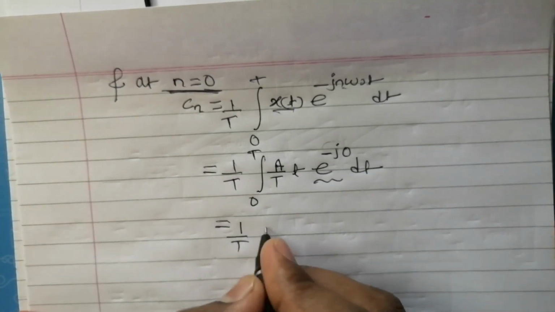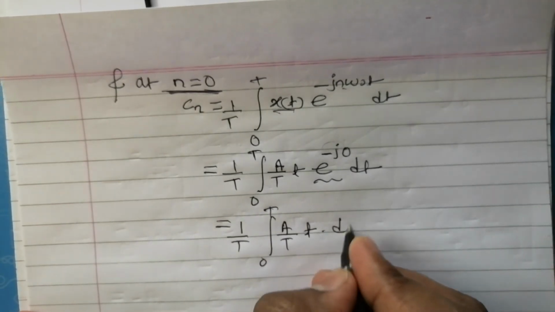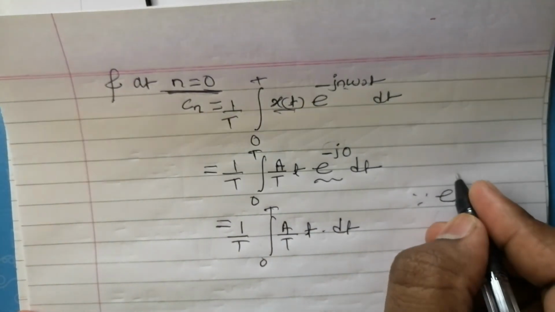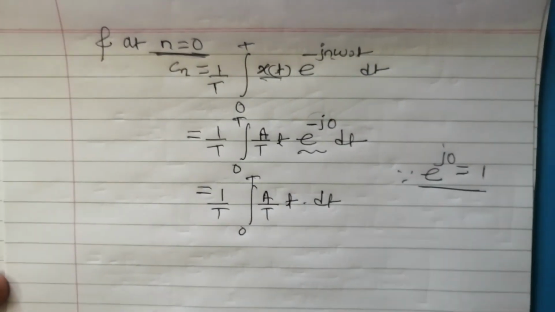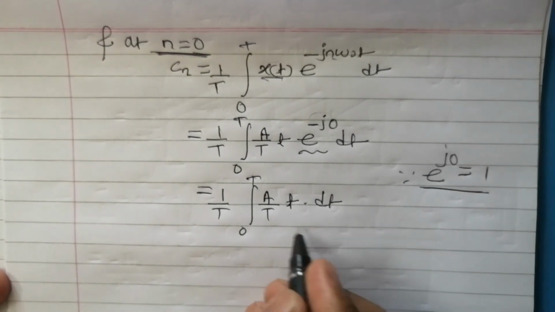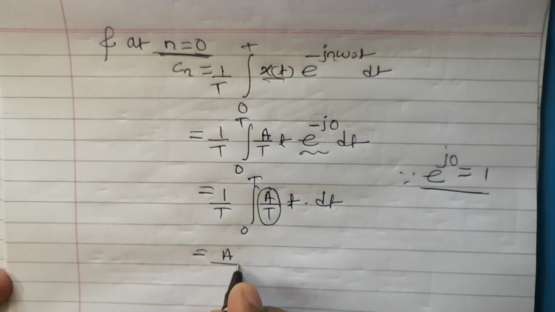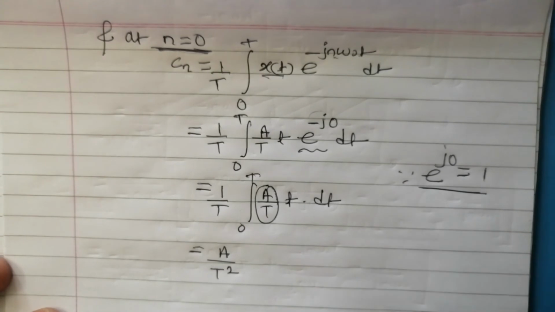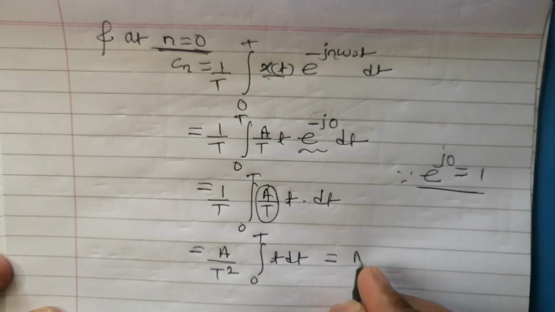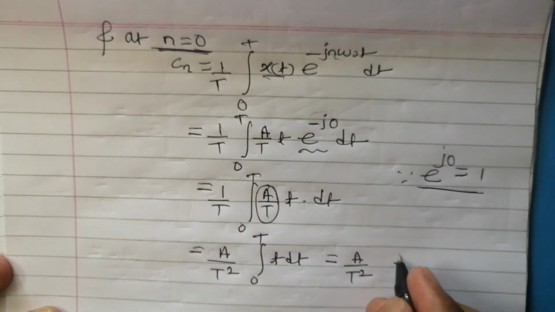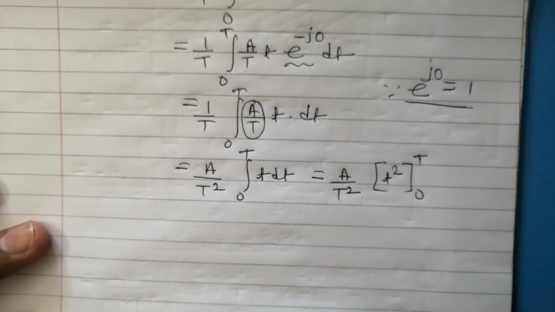So what is there? 0 to T, A upon T, t only, since e raised to power j0 is going to be 1. So we have to integrate this t only. Now let's take this A by T, which is a constant, outside of the integration sign. So we have A upon T square and only the integration of t with respect to time. What is the integration of t? It is t square by 2, 0 to T, upper limit and lower limit.